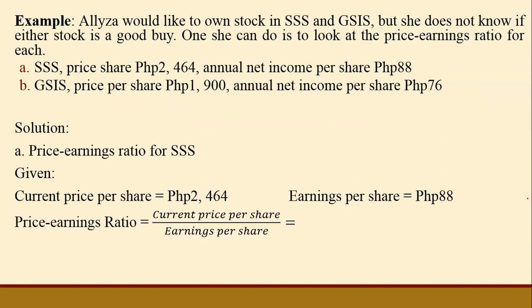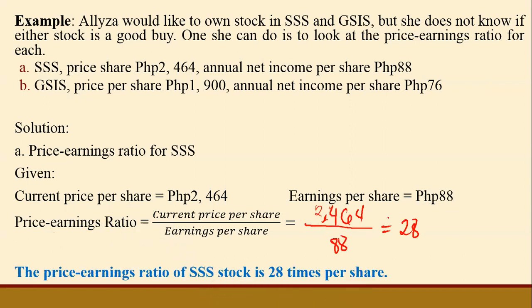Substitute the values: 2,464 over 88, which is equal to 28. So the price earnings ratio of SSS stock is 28 times per share.